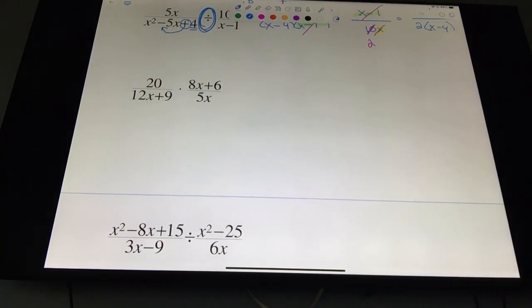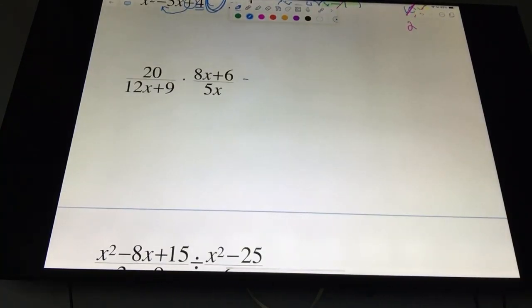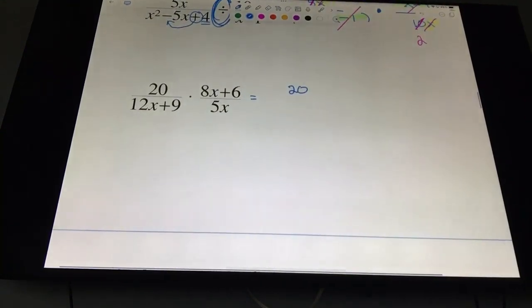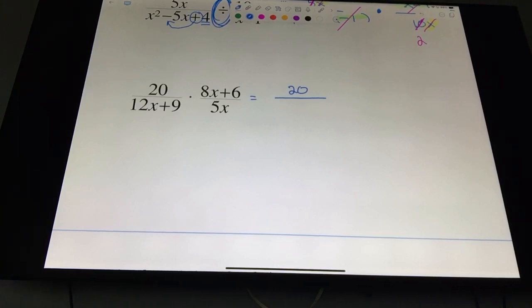All right, next one, 20. I can't do anything with it since it doesn't have a sign. So it stays 20. 12x plus 9. Is there a common factor? Yes, 3. So 3 divided into 12 is 4. Bring the x over.